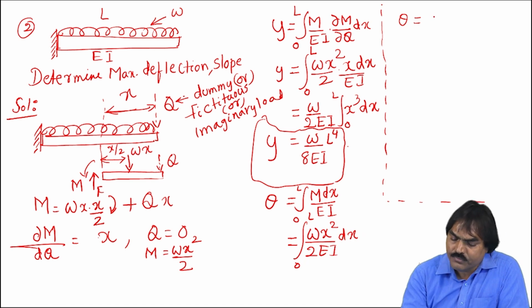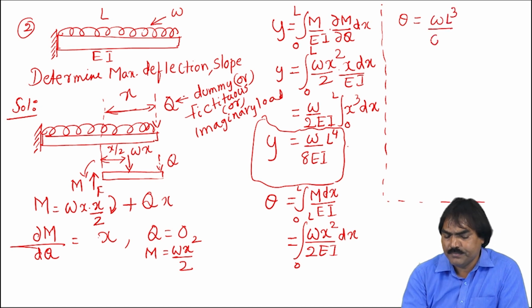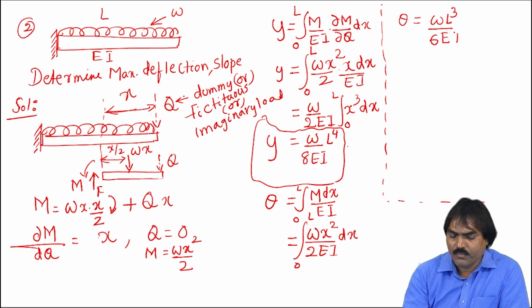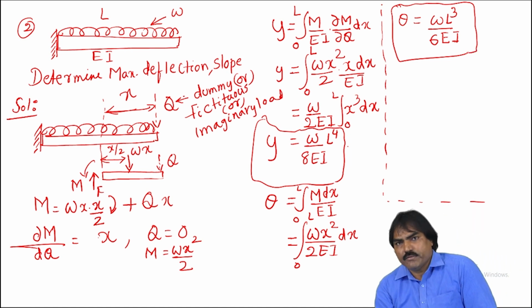Substitute the limits, that is WL cube by 6. This is the equation for the slope.